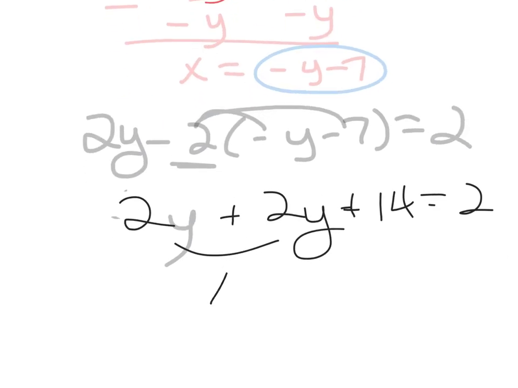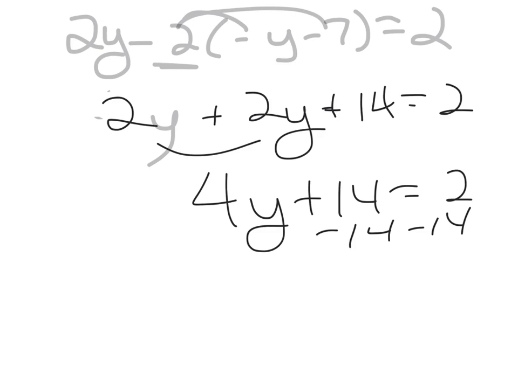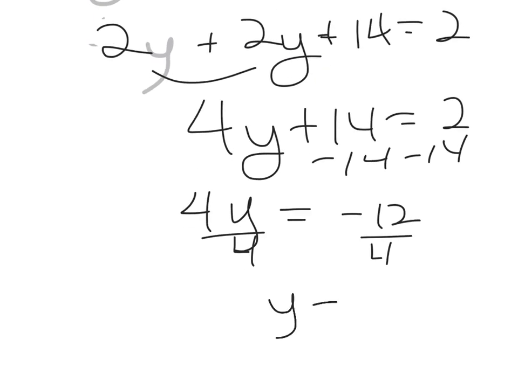Add those. 4y plus 14. Move the 14. 4y equals negative 12. Divide. And y equals negative 3. Then plug it back into one of the originals. Doesn't matter which. So be able to work with these fractions and clear them if necessary.